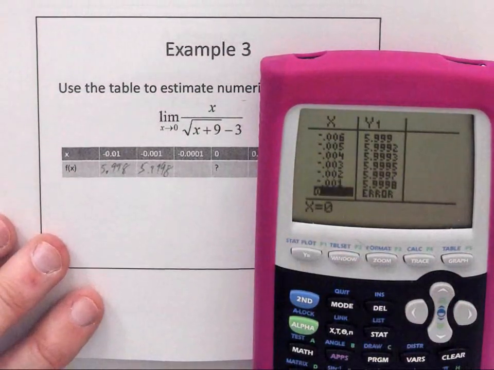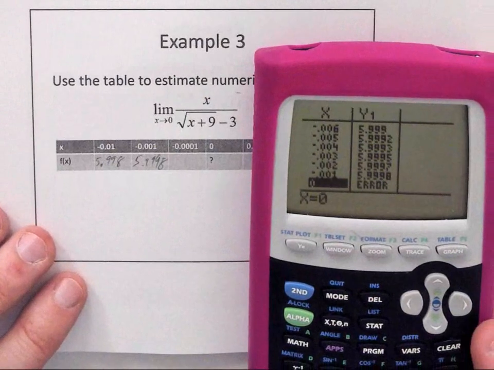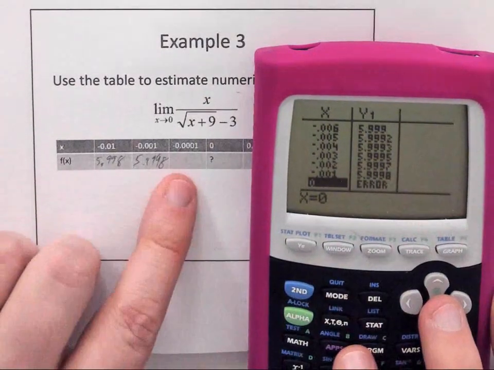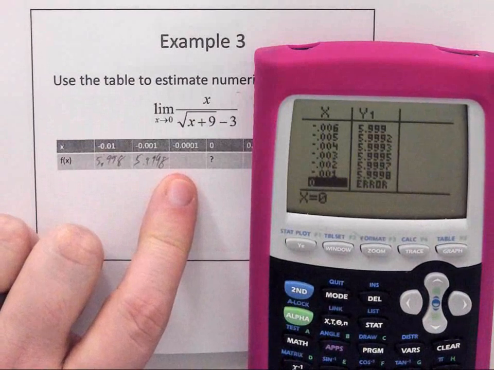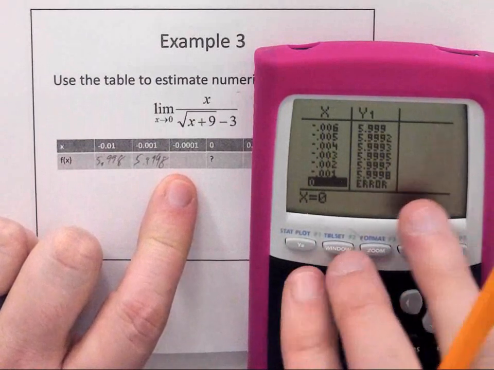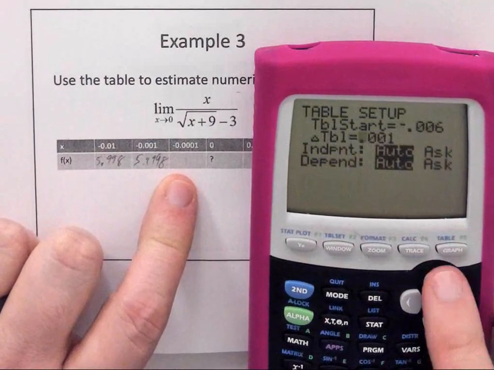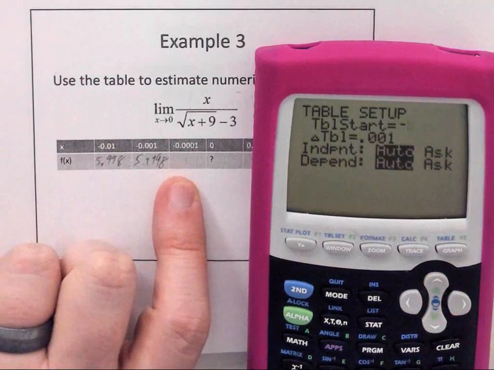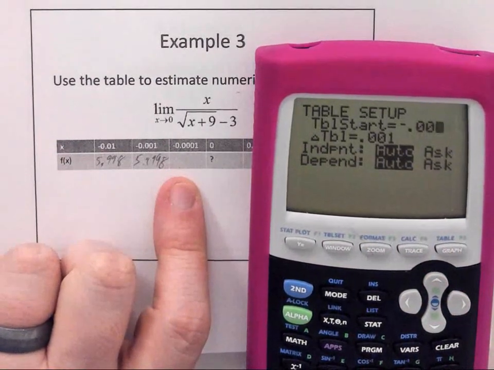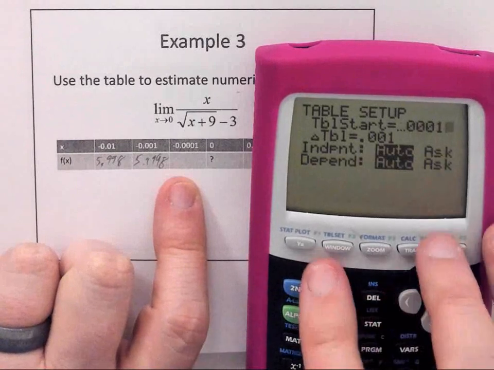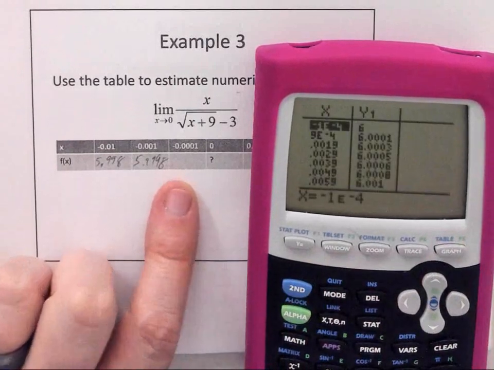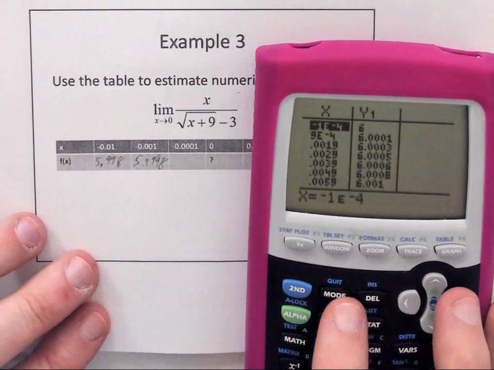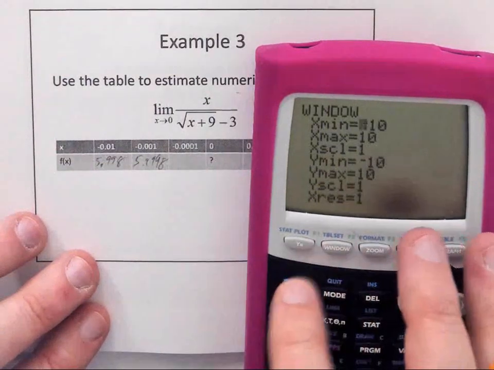At 0, I actually have an error, which we suspected. So if I want to find this one, what do I got to do with my table? Yeah. Go ahead and change. You can do the difference. Actually, I may even change the starting point. Negative 0.0001. Then back to your table. Whoops, I did one too many zeros.